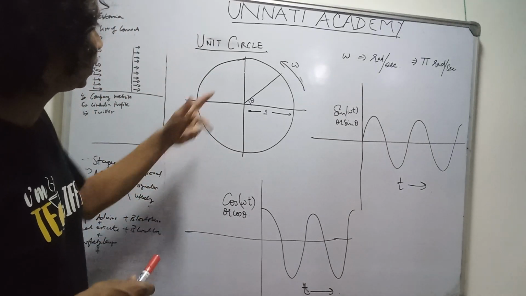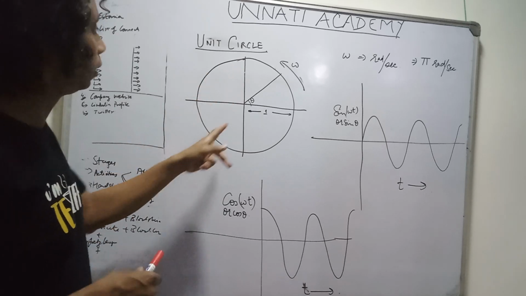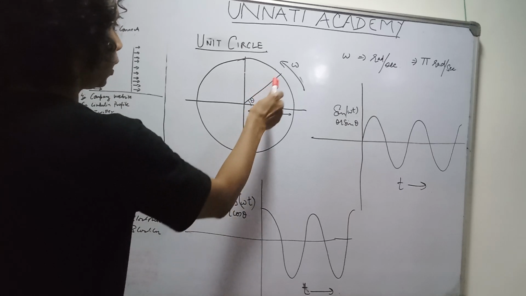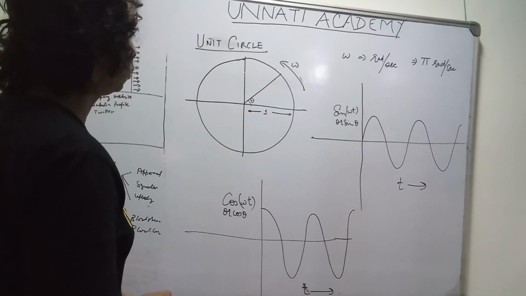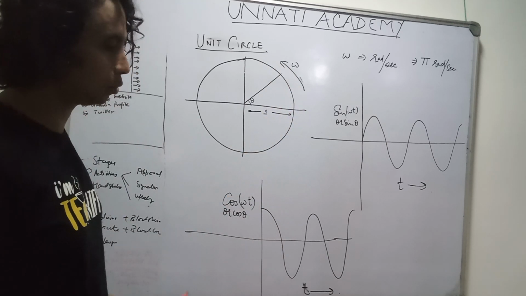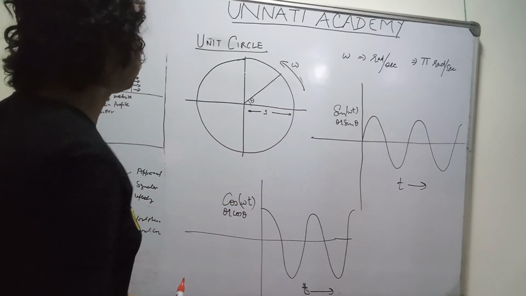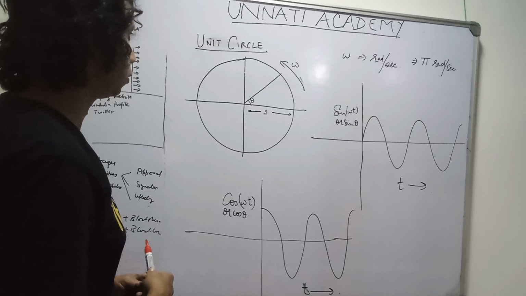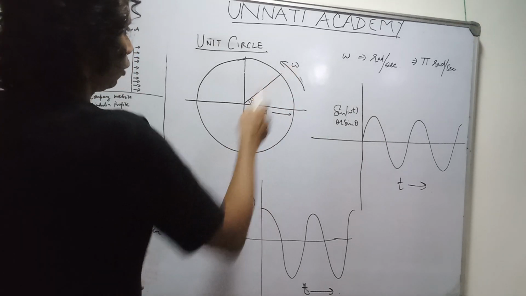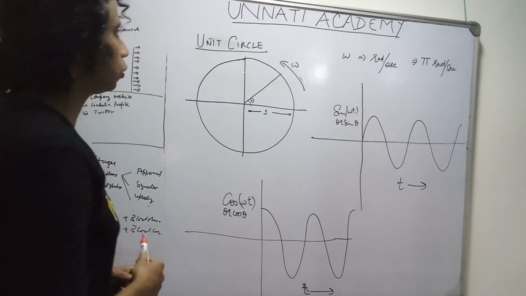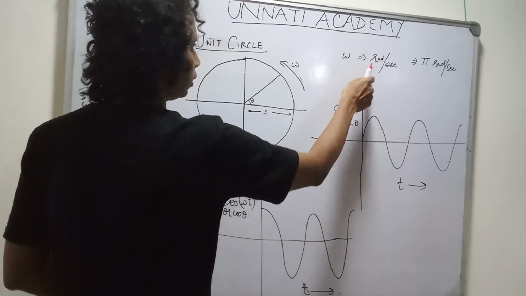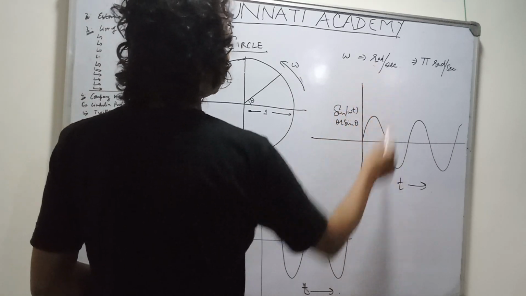The unit circle is basically a circle with a radius of 1, and we consider the radius as a vector of unit length which is rotating anti-clockwise. Anti-clockwise is what we assume to just take one direction, and it's rotating at an angular speed of omega, which is in radians per second.